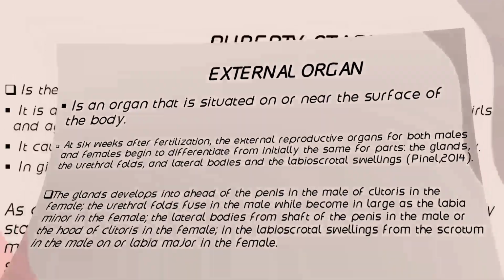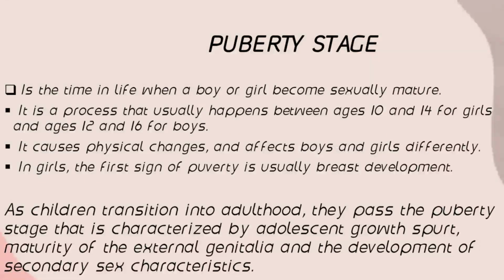Puberty stage. It is a time in life when a boy or girl becomes sexually mature. It is a process that usually happens between ages 10 and 14 for girls and ages 12 and 16 for boys. It causes physical changes and affects boys and girls differently. In girls, the first sign of puberty is usually breast development.